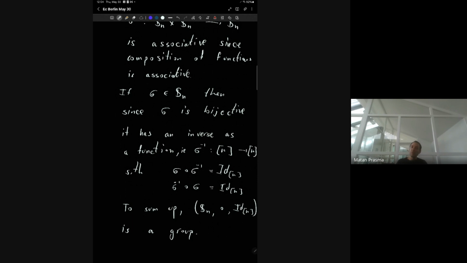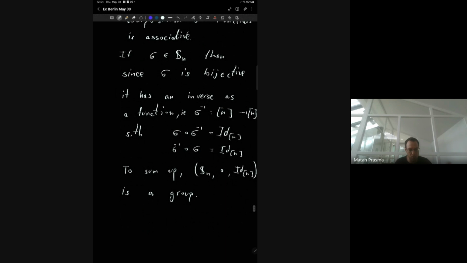Generally speaking, composition of functions is a non-abelian operation. You can think of a function like an operator, and if I do one operator and then I apply another operator, there's no reason that it's going to be the same as doing it in the opposite order. So Sn is not an abelian group.